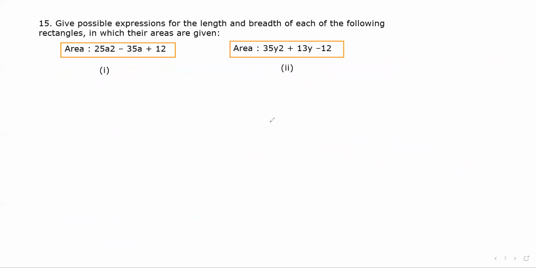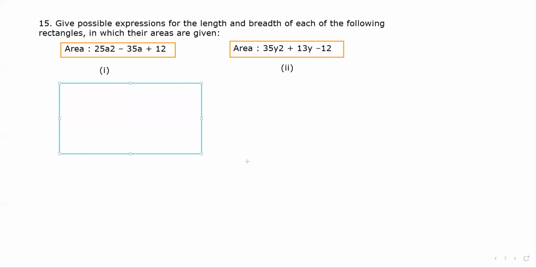Next, 15th question. Give possible expressions for the length and breadth of each of the following rectangles in which their areas are given. Now, what is given to you? You have to find the possible expressions of length and breadth of a rectangle. So let's draw a rectangle.